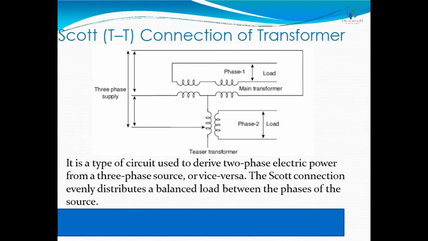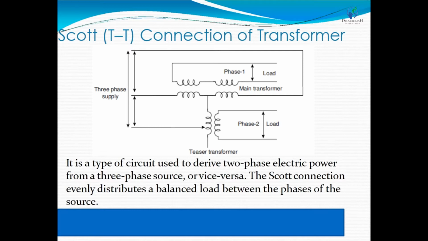Now we discuss the Scott connection of the transformer. Scott connection, or three phase to two phase conversion. Some special applications, such as a two phase electric arc furnace, need two phase supply.